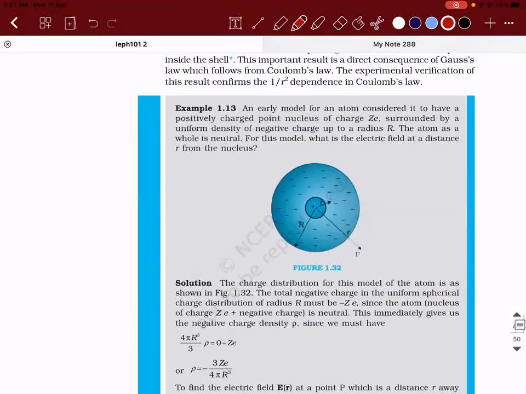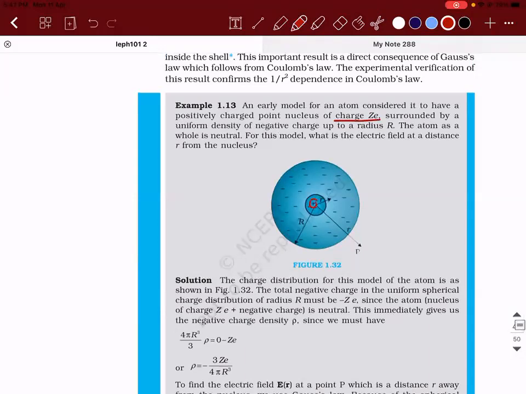See, read the question carefully. Consider a positively charged nucleus of charge ZD. Okay, where is the charge ZD? This positive charge is Z into E. Accepted? Okay. Now, what are they saying? It is surrounded by uniform density of negative charge up to radius capital R. So this capital radius R is a place where the whole of the negative charge is concentrated, accepted.